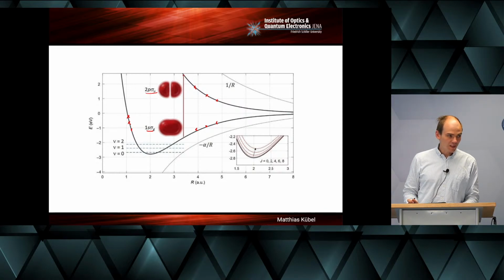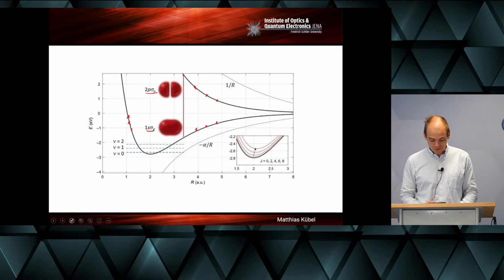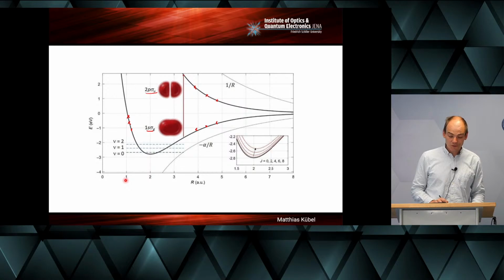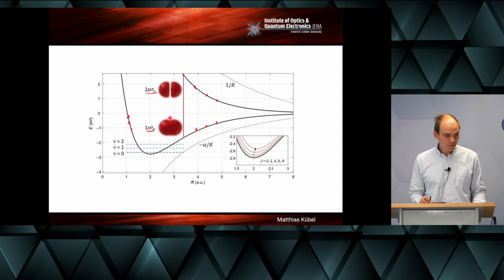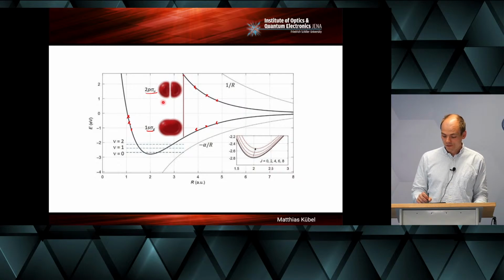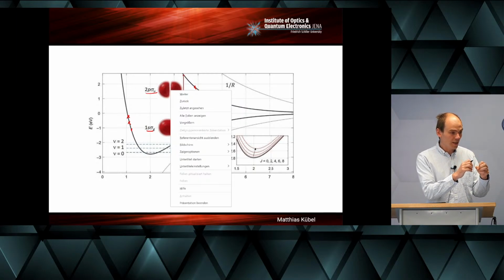In addition to that, we also get the electronic density, and these are displayed up here. As it turns out, there's a binding molecular orbital, this one here, and there's an anti-binding one. Why is this an anti-bonding one? There's no electron density right in between the nuclei.